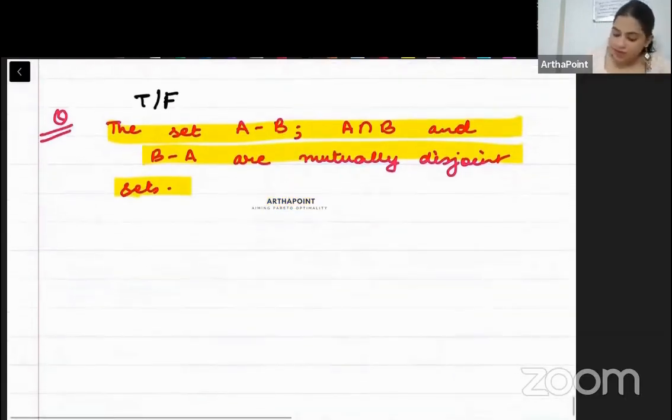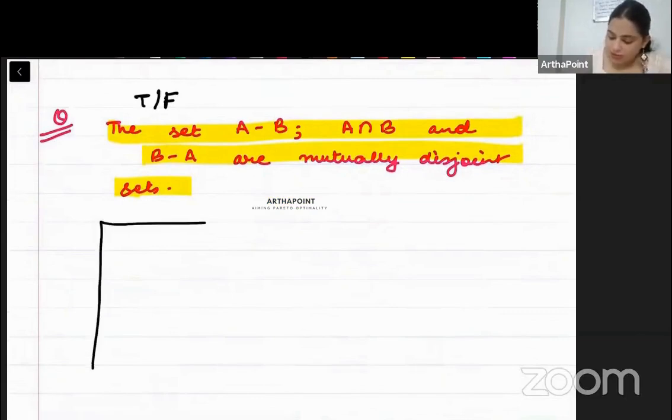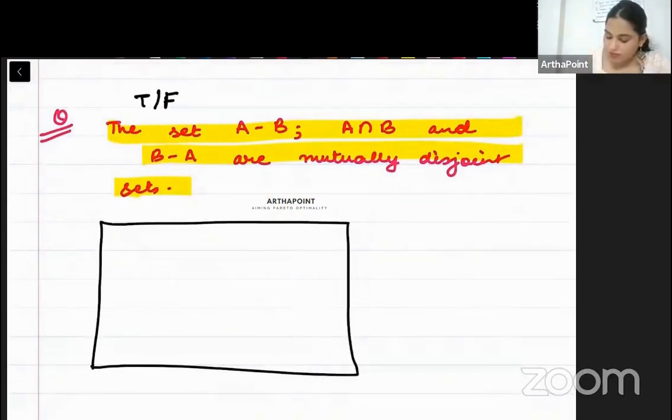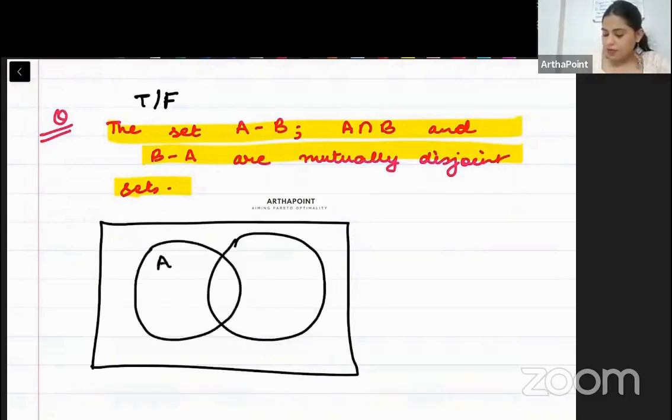Let's see this better. So I am going to make this. This is A and this is my B. Okay, beta. What will be A minus B? From A, you remove all the elements of B. So you will be left with the A without B part. This is A minus B. Beta, what is A intersection B?